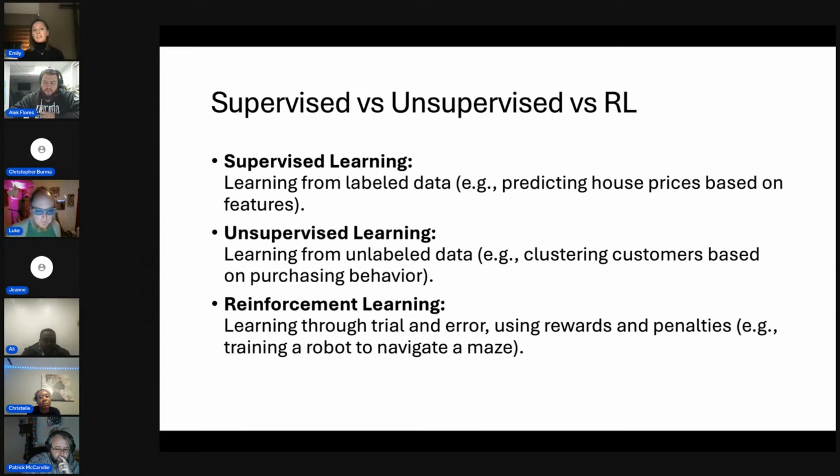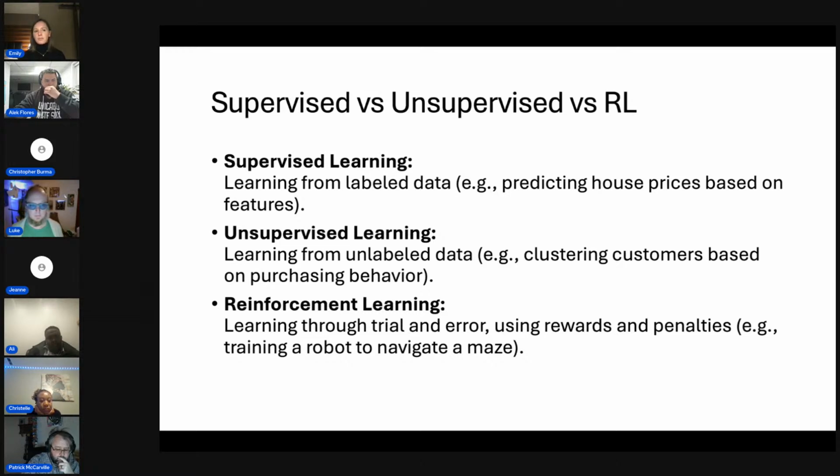Can we predict the price of a house based on the square footage, the number of bedrooms, the number of bathrooms, the size of the lot, etc.? When I say number of bedrooms, size of the house, square footage, those are features. In an Excel sheet, they might look like variables. So can we predict the price of a house based on these features?